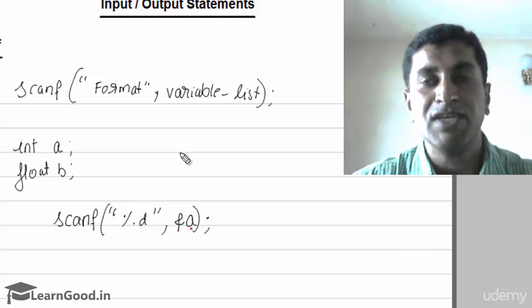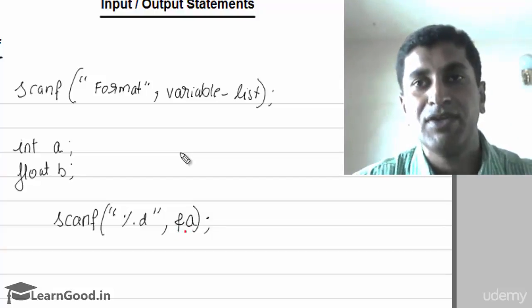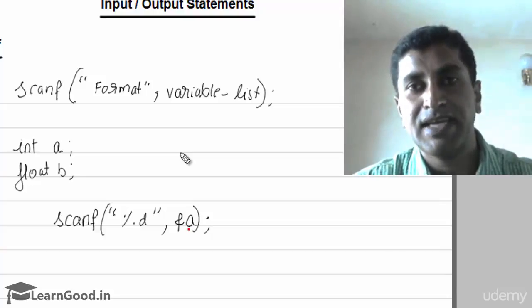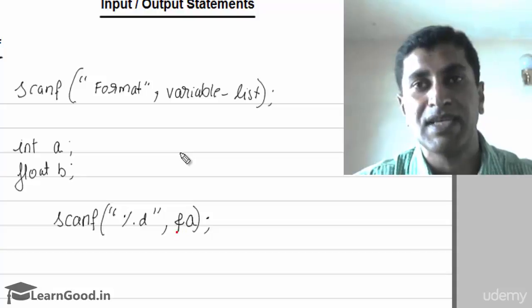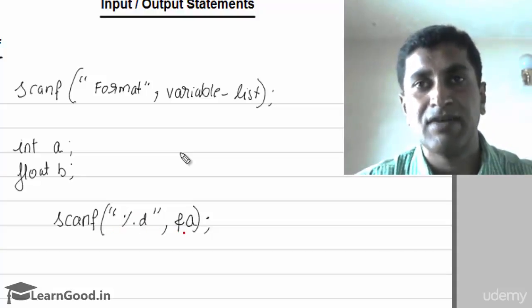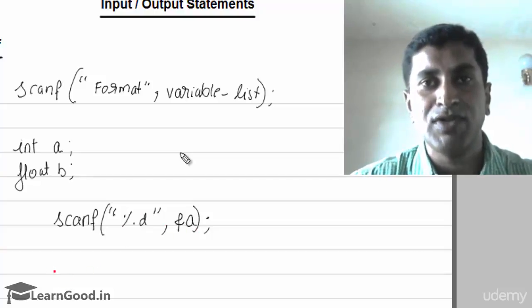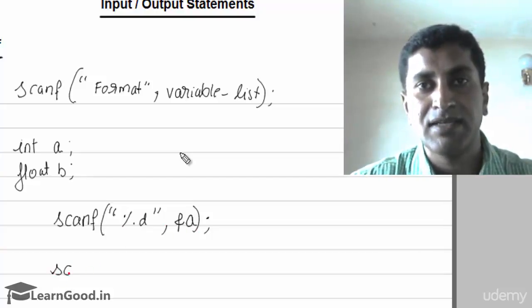In the functions chapter, you will come to know what exactly this ampersand is. For the time being, when you give an ampersand of A, it is the memory address of this A that will be transferred. Anyhow, for scanf, for reading the data, for the time being, you have to give it as an ampersand of A. Same way, if you want to read the value of B, similarly, you give a scanf.